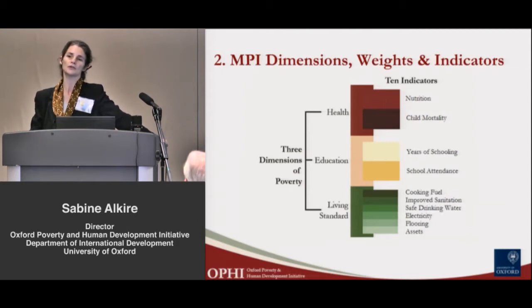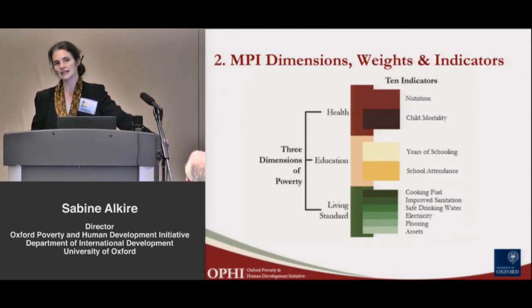So these are the dimensions, weights, and indicators of the global MPI, but they were generated for the UNDP with one purpose: to provide a crude illustrative measure that covered more than 100 countries. There are many dimensions we would have wished to put in, such as work, empowerment, personal security, and perhaps income or consumption. But these data were not present and accurate in the surveys that we had.